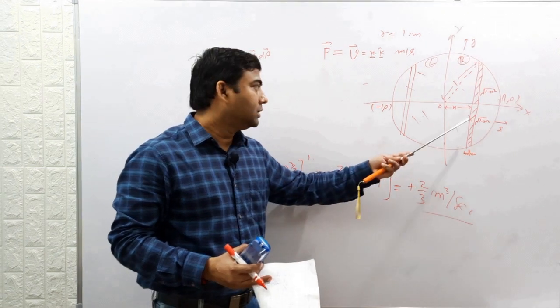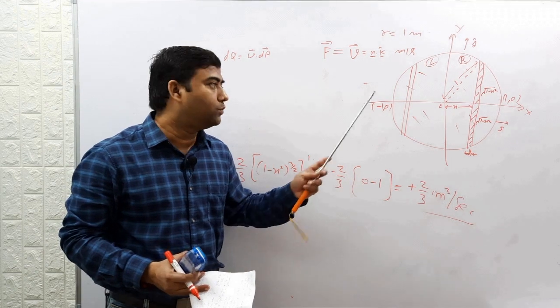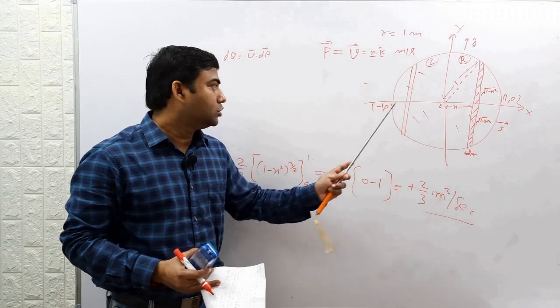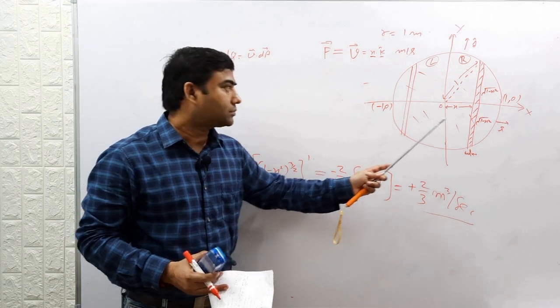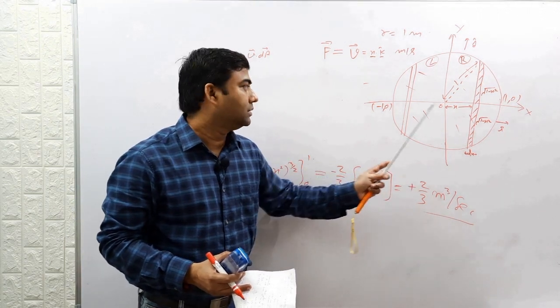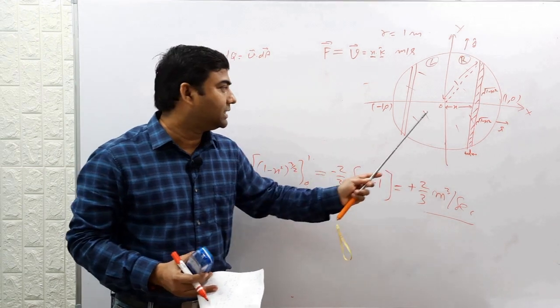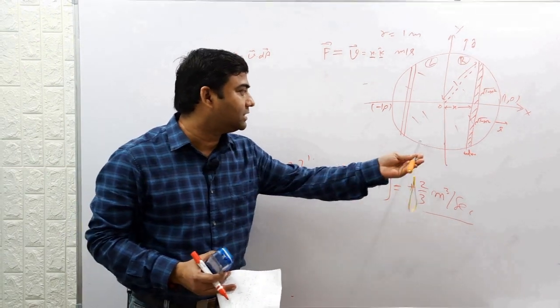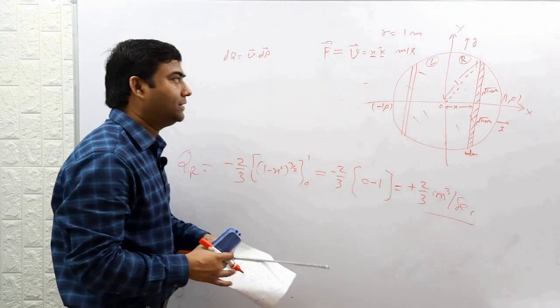We have assumed the normal area vector above the board as a positive direction. So here also area vector will be positive, like here. In both cases area vector will be above the board, but in this half velocity vector is below the board. So the dot product in this half will be negative.